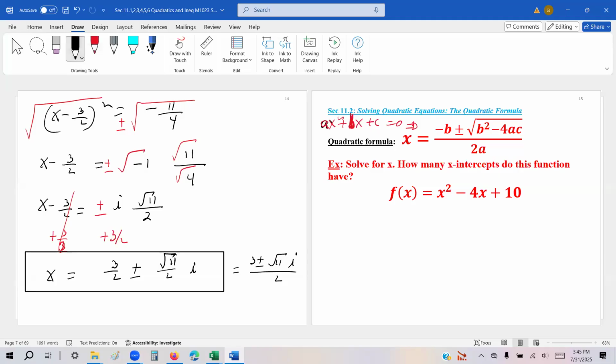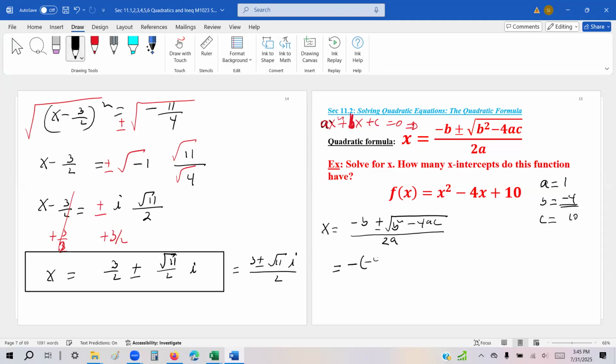Okay, so in this question, what is our a? 1. What is our b? Negative 4. What is our c? 10. So x is negative b plus minus square root of b squared minus 4ac, whole thing divided by 2a. Negative b means what? What is our b?